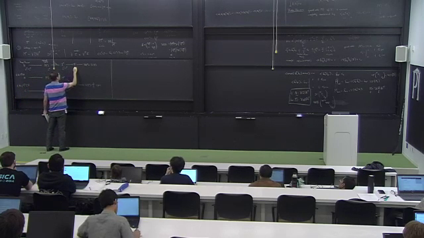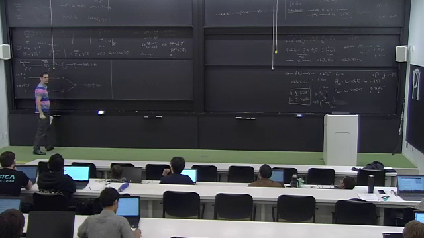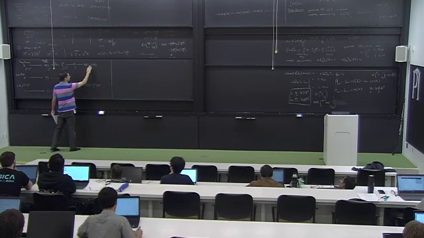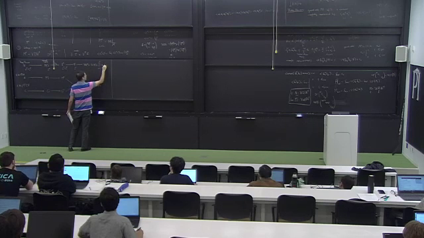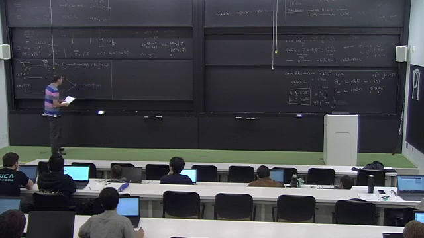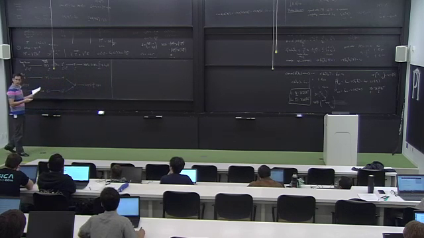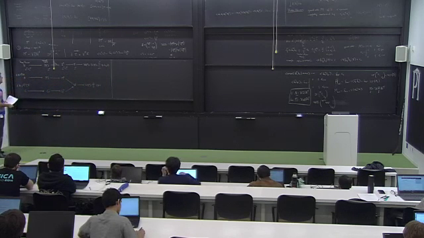We would have 2^L of those. And then we would just compute the entropy as a sum from alpha equals 1 to 2^L of these eigenvalues times log 2 of them. That's what we would do in general. That's what you did yesterday in the tutorial.